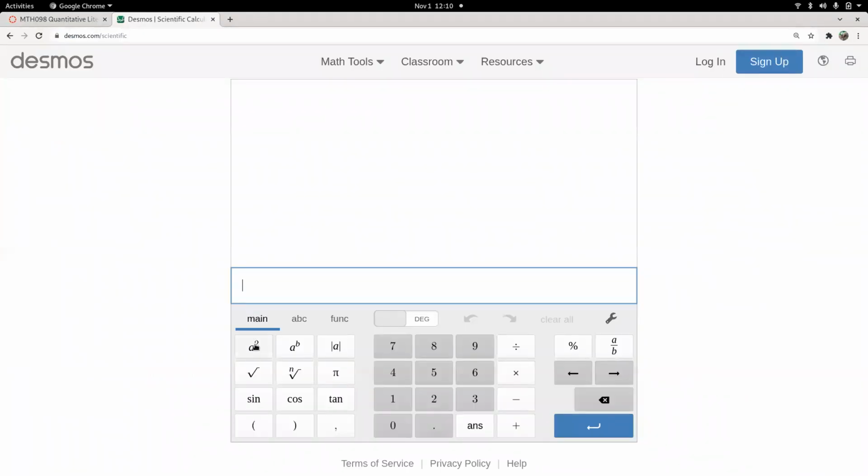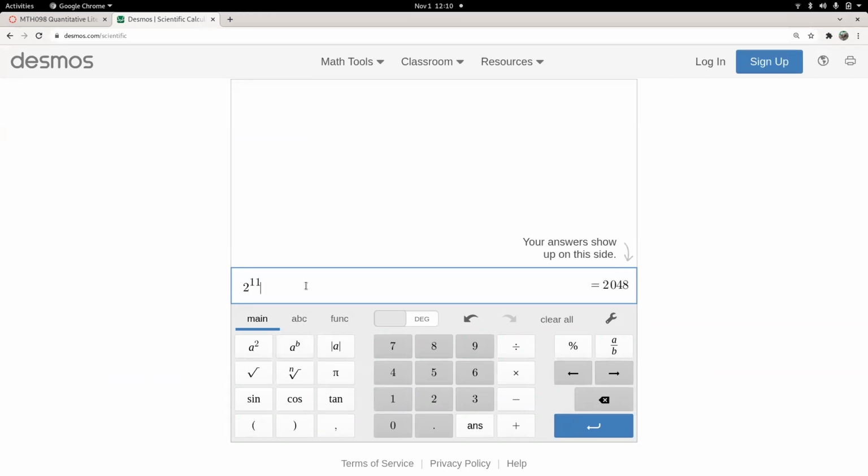It has some power buttons here for a square and then for any other power. So if I start with a 2 and I hit that square button, it's going to square whatever I put there. If I want a different power, then I hit the power button there, and I can type in any power I want, like 3 or 11.